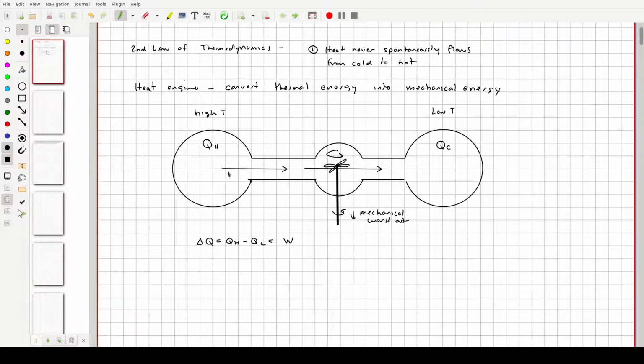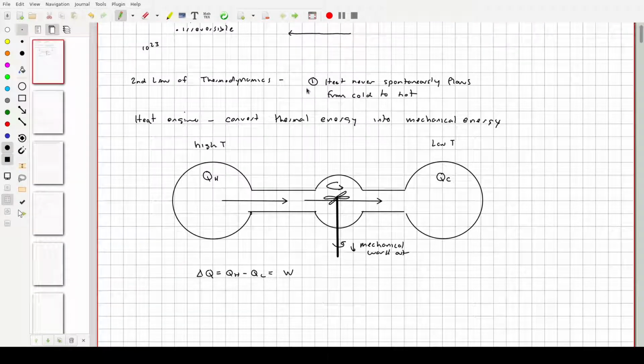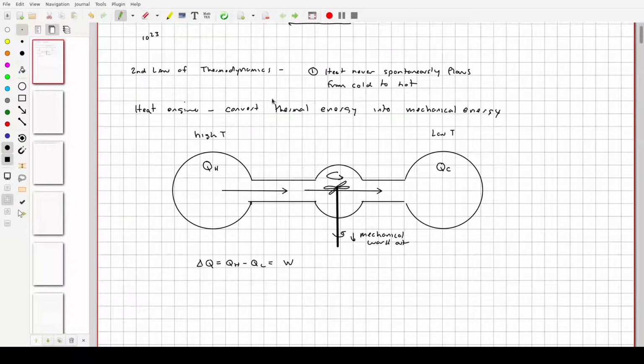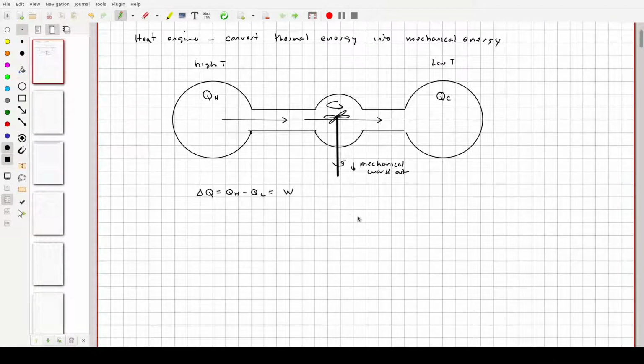So this is one step, because in a closed cycle, what you would like is to be able to bring the steam back over here, reheat it, and then continue this. So it's a closed system. Now, if this were a reversible process, which we're going to assume just for the moment that heat engines are, just to make our life easy, that means your initial temperature and your final temperature end up being the same through the process.